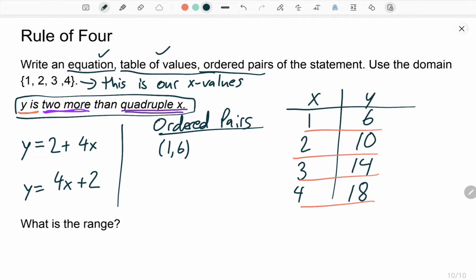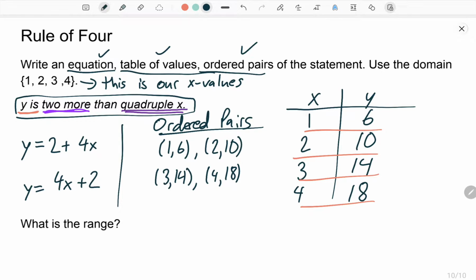What goes with x equal to 2? Well, the 10 beside it. So it'll be (2, 10). What about with 3? Well, 3 and then the 14 is beside it. And with the 4, the 18 is with it. There's no more x values because that was all that we had in our domain. And so we're done with our ordered pairs here.